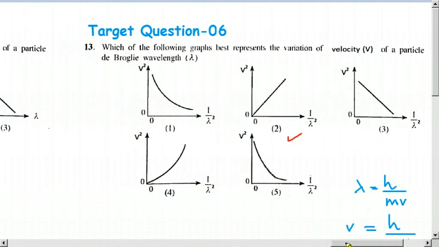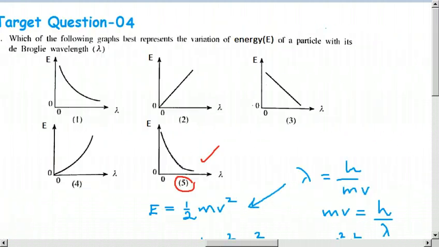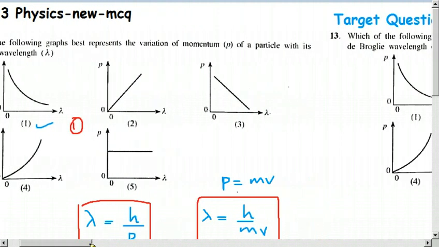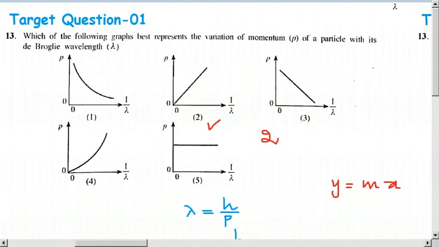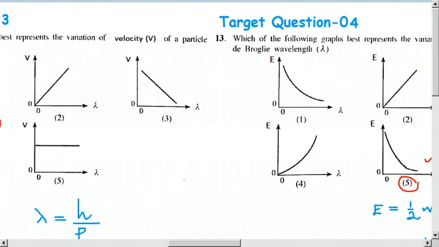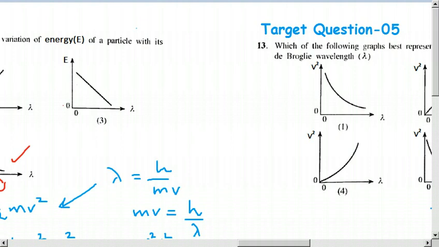Now children, I am going to wind up the video, so let us see what we have done so far. First of all, the original question, we discussed question number 13. Then target question 1 we discussed, then target question 2 is missing, but we did it.